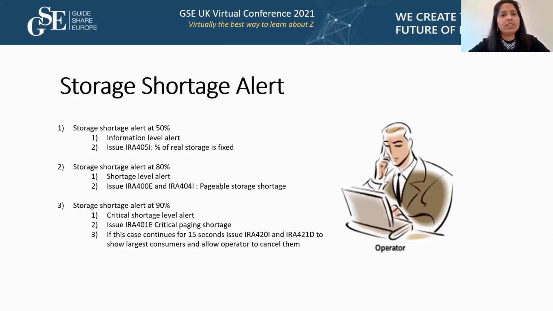Next one, storage shortage alert. We get 3 types of alert in the console. First one: once your storage reaches 50%, it will send the information level alert. It will issue IRA405I, telling the percentage of real storage that is fixed.